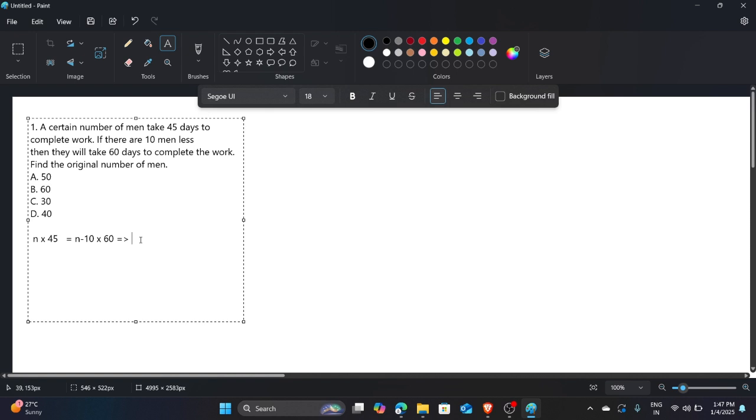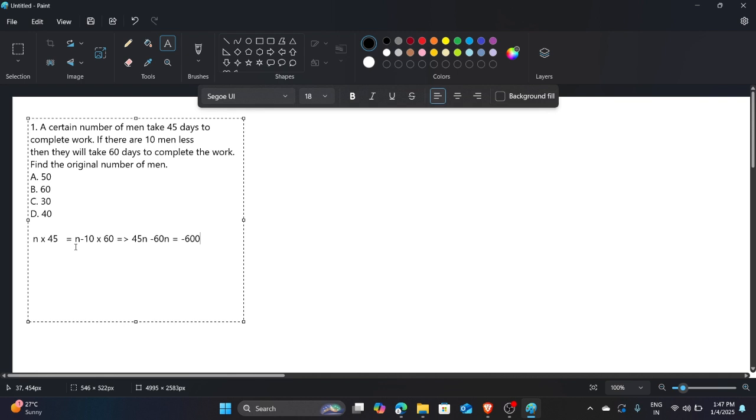We change the side of them, so first we have 45n, then minus 60n, because 60 is multiplied by this n, equal to minus 600. Yeah, equal to minus 600.